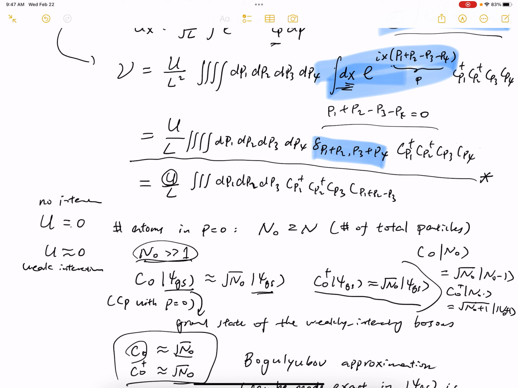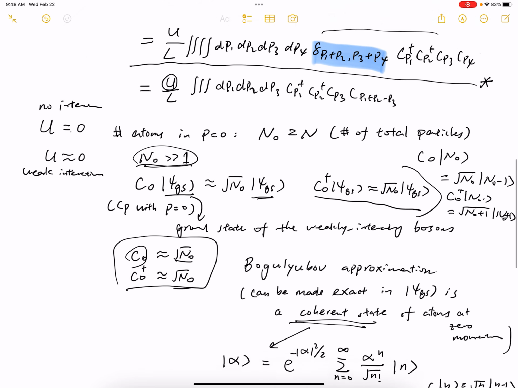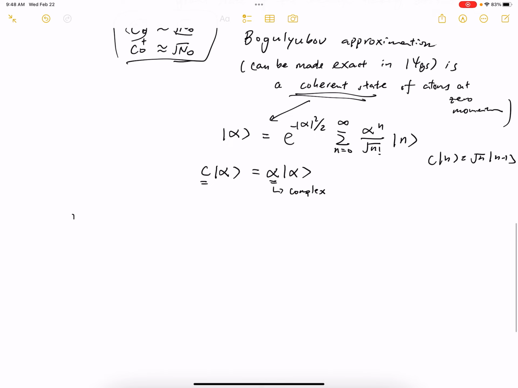We just keep in mind that P1 plus P2 is equal to P3 plus P4. The dominant term in this expression is going to be all the p's equal to 0. So let me rewrite this V here at the bottom, because I'm still going to do the 4 integrals here. I think it makes it a little bit more transparent.